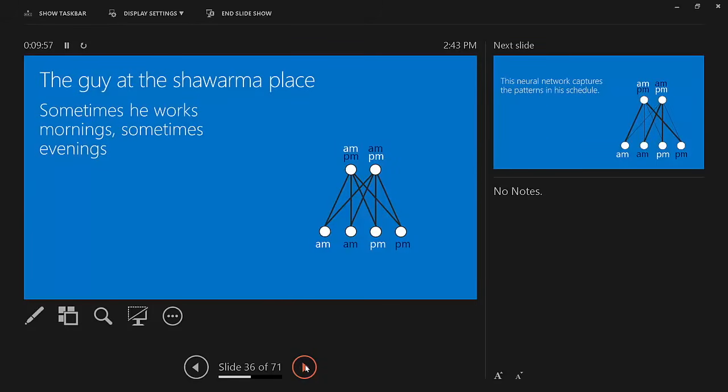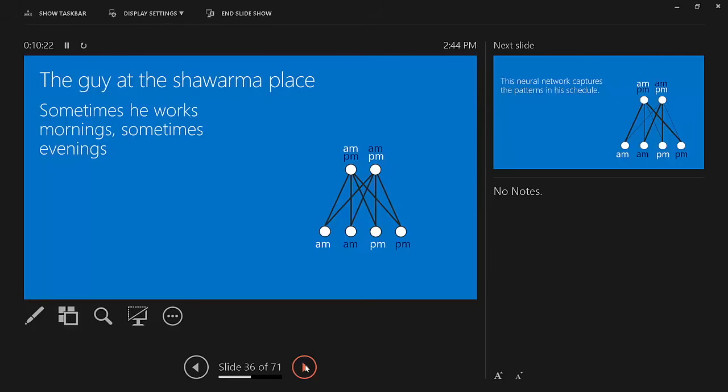So going a little deeper into this, here is a somewhat trivial example to show how these things work in practice. There's a guy at the shawarma place who makes shawarma like nobody else. And so you want to make sure and go when he's working there. And taking a step back, we actually have some domain knowledge here. We know he's got 2 schedules.